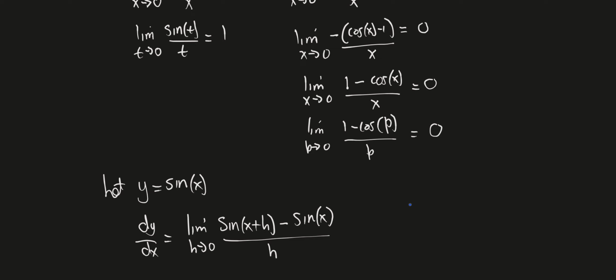So what I'm going to write down over here is called the sum identity or sum formula for the sine function, right? And I'll write it the way it normally is written in a trig class. They usually use a and b, right?